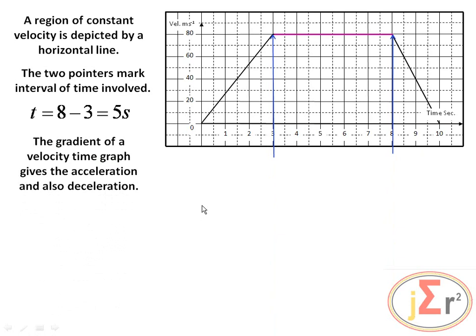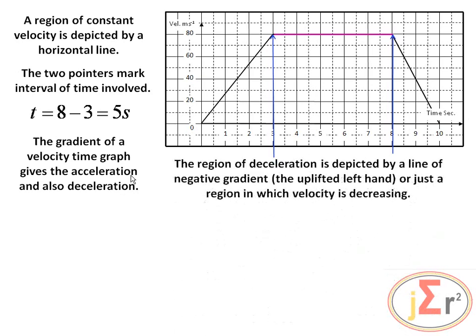The gradient of a velocity time graph gives the acceleration and also deceleration. So we are going to find the deceleration in this case that is related to this line. The region of deceleration is depicted by a line of negative gradient, and we use in our initial topic a little rule of thumb to identify lines that are of positive or negative gradient.